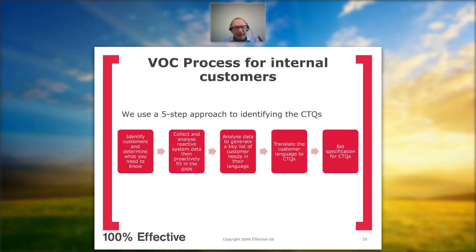Once we've got that data, we need to analyze it to find out what the customer is really asking for, and we can translate that into something we call CTQs, critical to quality. These are the things that if we get those right, our customer will be delighted. We can then set up some measurements so we know whether that customer is getting what they want, or if they're not, we can identify that quickly and do something about it.